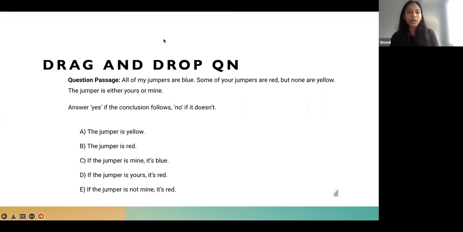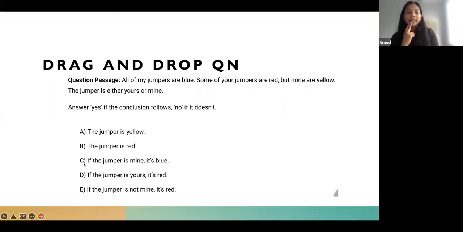Would you put yes or no for this? Some people saying no, some saying yes. Let's have a look. Some of the jumpers are red, and this jumper is either yours or mine. Because the jumper can be either person one's or person two's, and some of person two's jumpers are red, the jumper is red could possibly be true. So it would be a yes, if that makes sense.